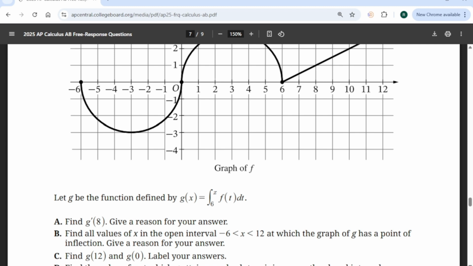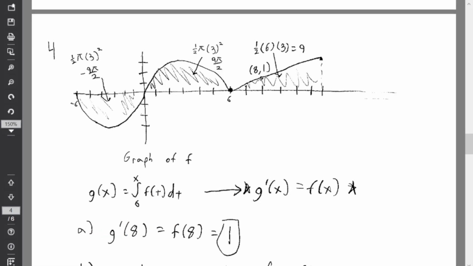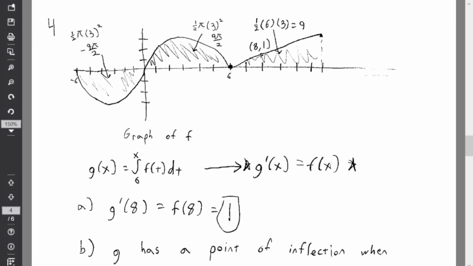Find all values at which g has a point of inflection. Give a reason for our answer. I always like to start with the explanations here. Our explanation should have to do with the graph of f. If I want to know when g has a point of inflection, I'm looking at g prime in front of me.